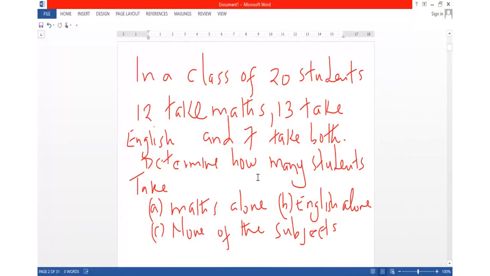In a class of 20 students, 12 take maths, 13 take English, and 7 take both subjects. We want to determine how many students take maths alone, English alone, and none of the subjects. This is a clear example of an application question that we can solve using a Venn diagram.